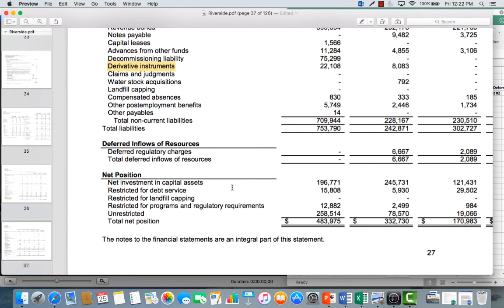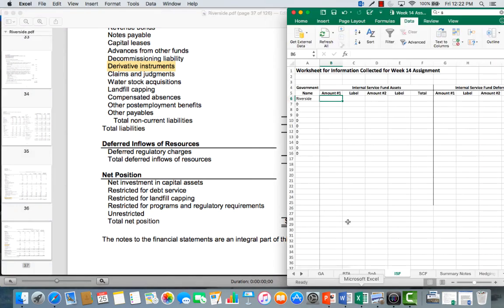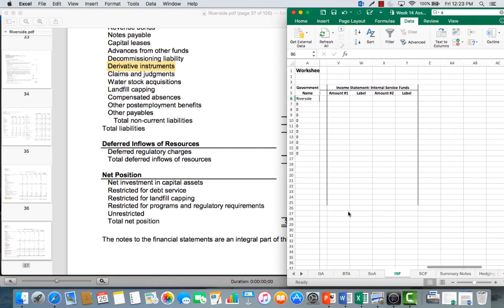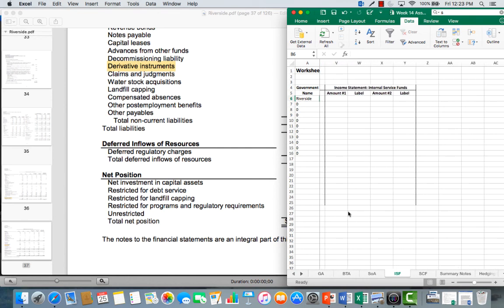There are no deferred inflows at all in this financial statement related to the enterprise funds or the internal service funds. So there's nothing to add here for the internal service funds.